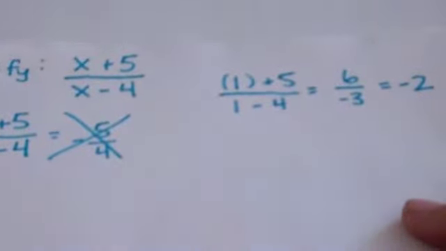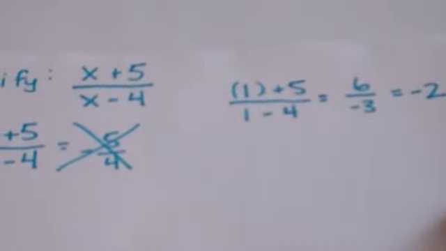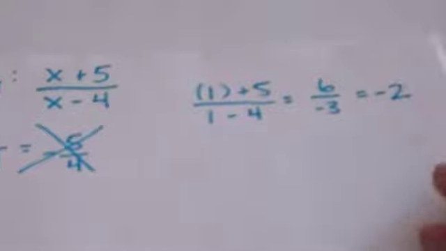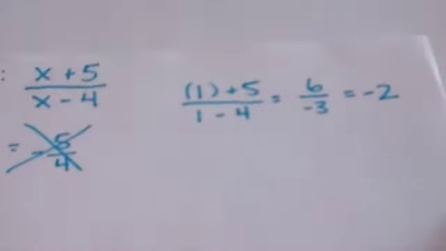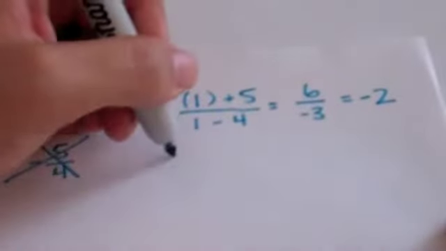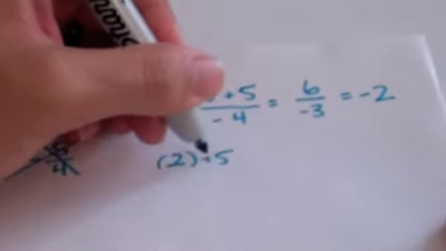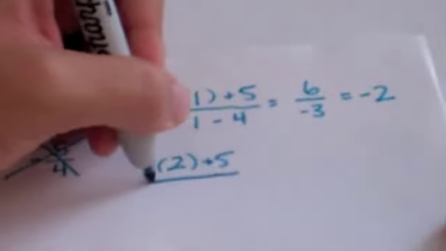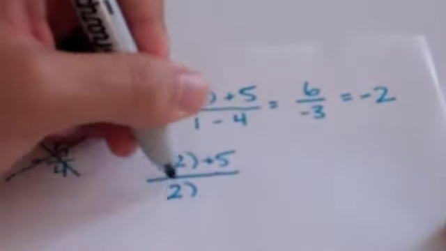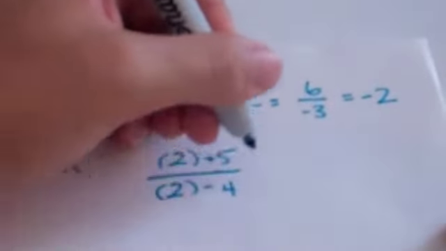Okay? And now, let's try another value. So if this is correct, and we can just cancel straight away, whatever value we plug in for x should yield negative 2. So let's just say 2. Now we have 2 plus 5 over 2 minus 4.